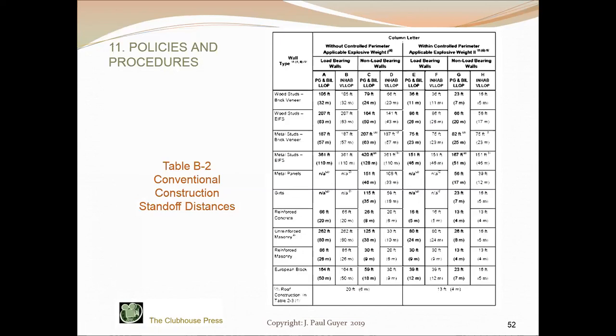Without a controlled perimeter means outside the controlled perimeter. Within means inside the controlled perimeter. So that's table B2, the conventional construction standoff distances, and you can review those at your leisure.